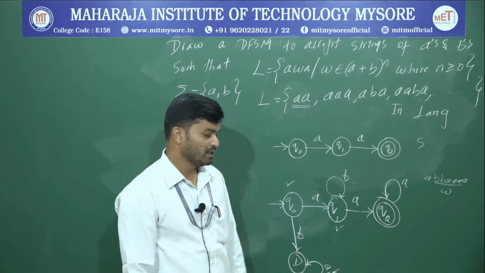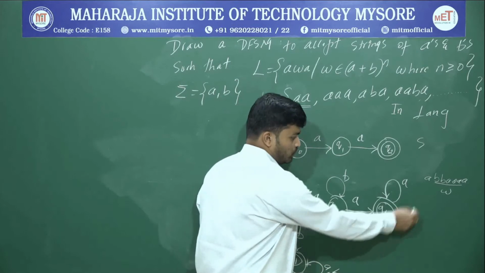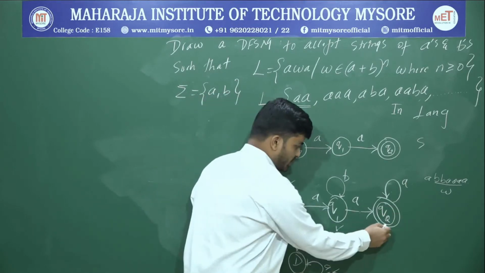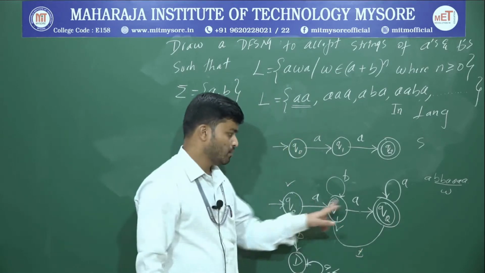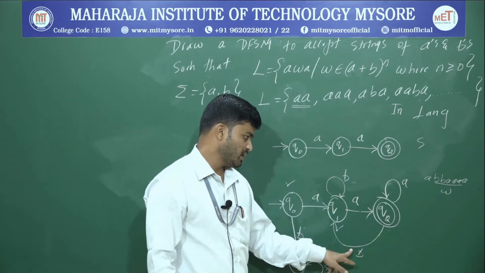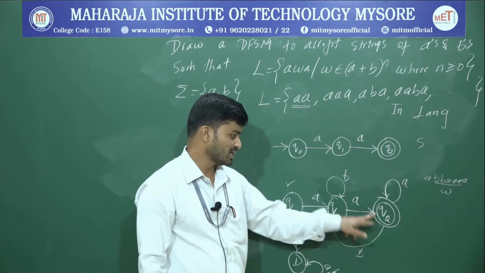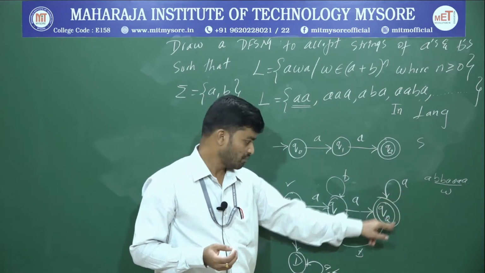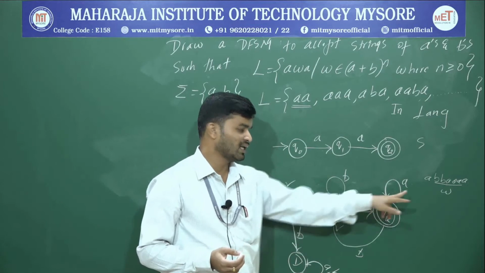Now I have to give a path for B. If I write a loop for B, what will happen? That will end with B, so loop is not a valid option. If I try to connect over here: 1 A, again one more A or n number of B's, then it will accept B. Before going to the final state, I will get at least 1 A or n number of A's.